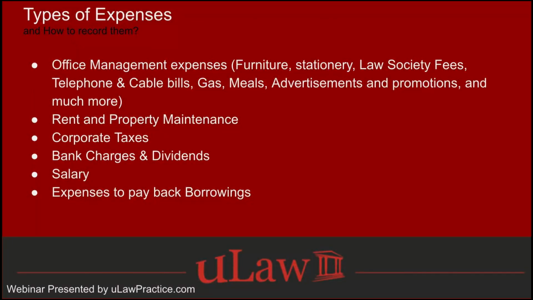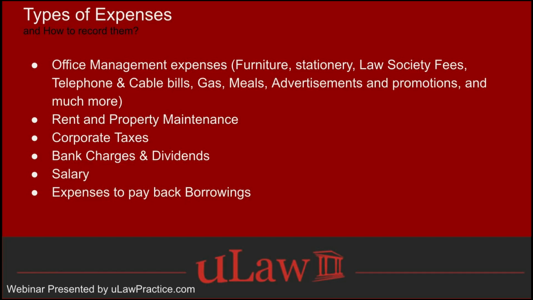Now, very commonly seen office expenses are office utilities, bills like gas bills, electricity bills. You have advertisement, promotions. There are different categories. When you're recording an expense, you want to make sure you are able to subcategorize them well so that at the end of the year, you know what your expense percentage is on each of these subcategories.